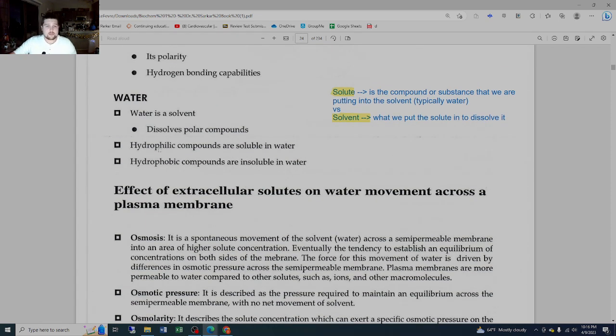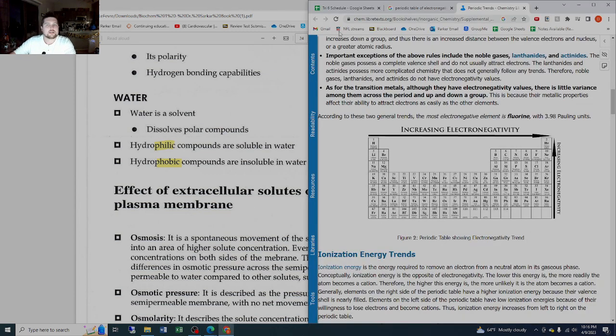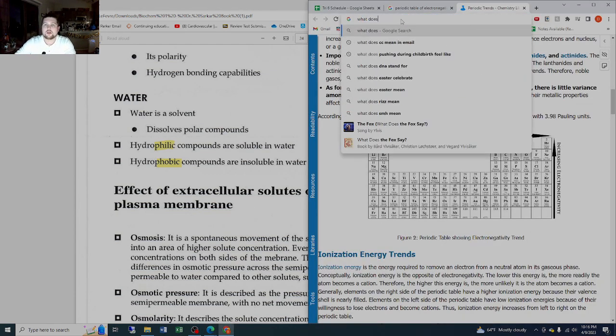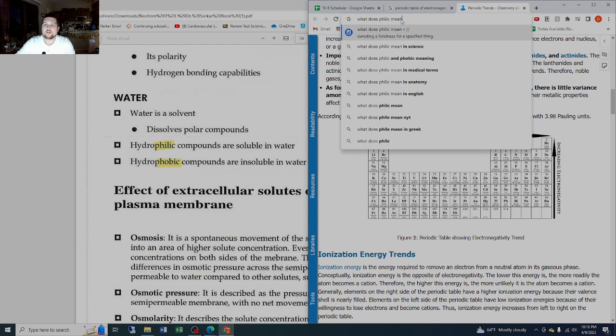Okay, now we have a couple more terms: hydrophilic versus hydrophobic compounds. Hydrophilic is like dissolves like. So hydro is water, and philic means like.